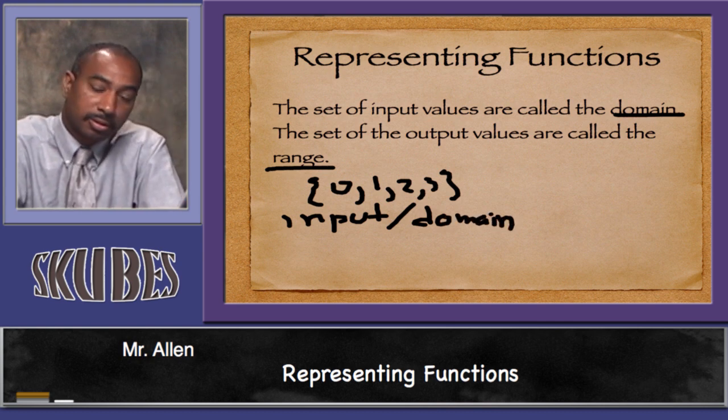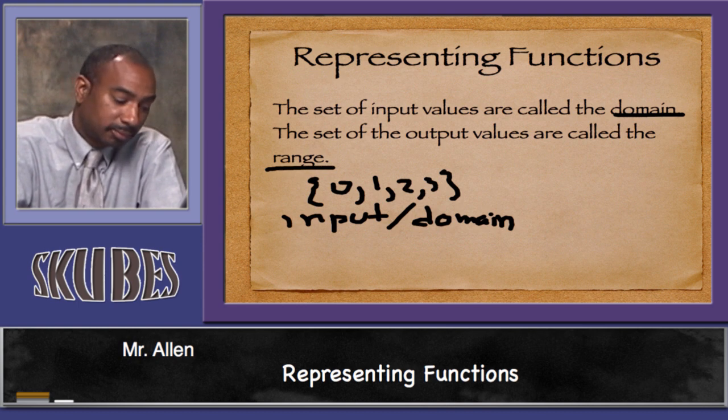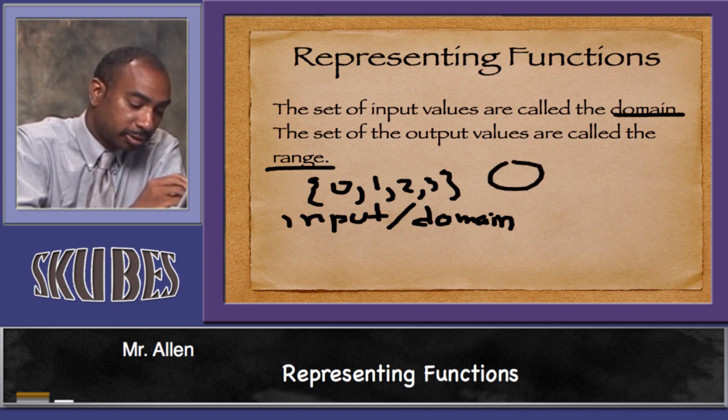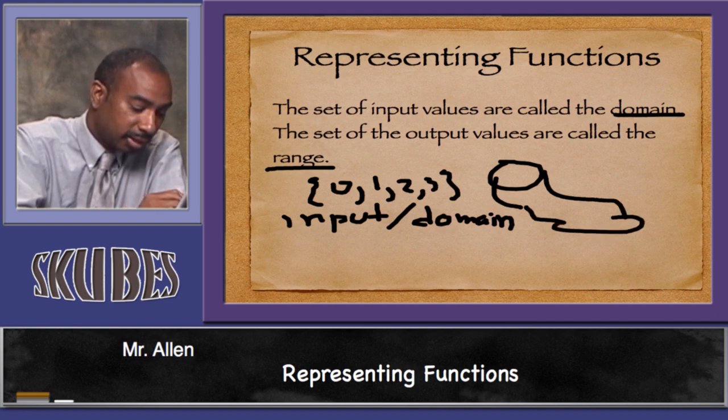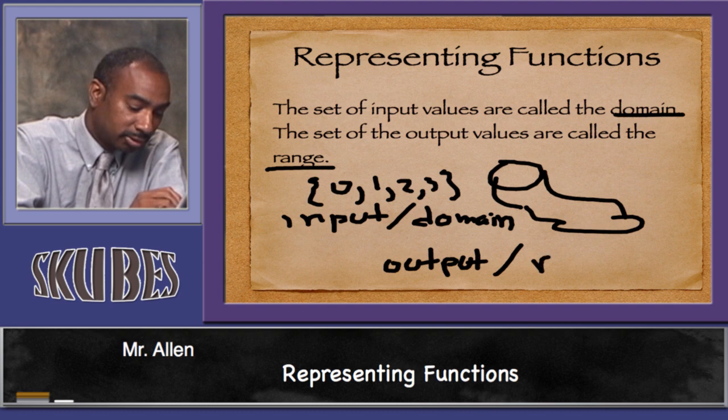Input values is the same as the domain. That's what I start with. And my output values, that's the same thing as saying range.